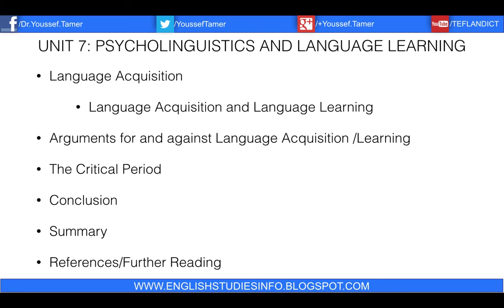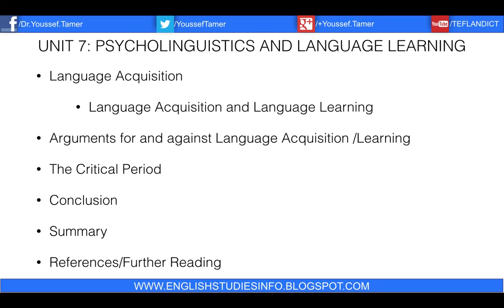Next, we're going to have psycholinguistics and language learning. Okay, we'll come back to the issue of language acquisition and try to differentiate between language acquisition and language learning. As you know, language acquisition is different from language learning. Language learning means that there is learning in a formal context, okay, in a school or class.